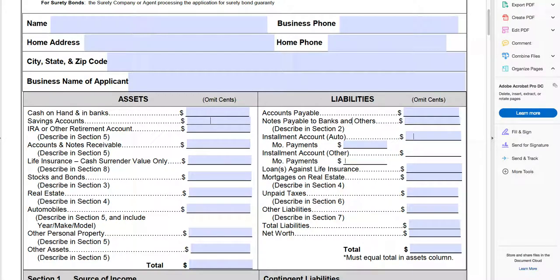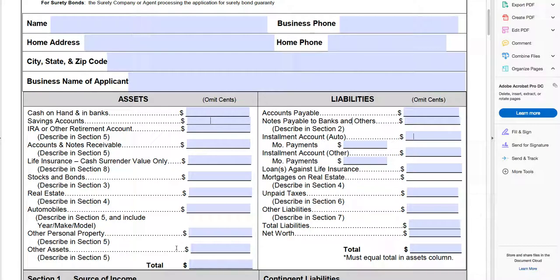The next thing is the loan on life insurance. Most people don't have this liability, but if you've taken a loan against your life insurance policy, you want to add it here. The next one is the mortgage on your real estate. This is the total debt that you owe on your real estate, including your personal mortgage.